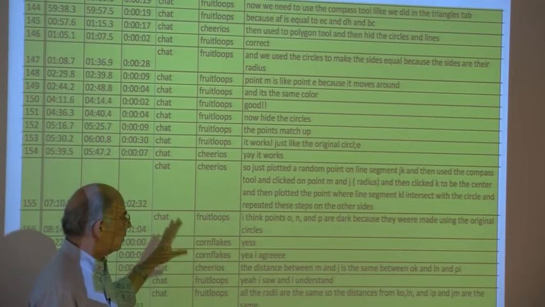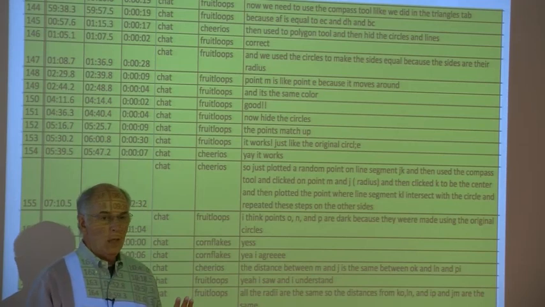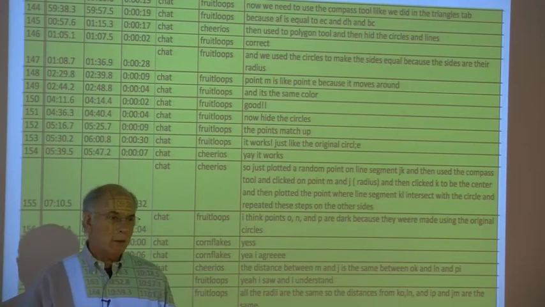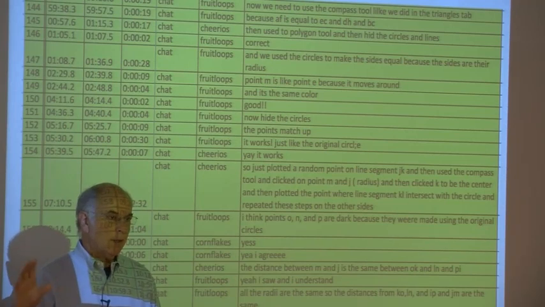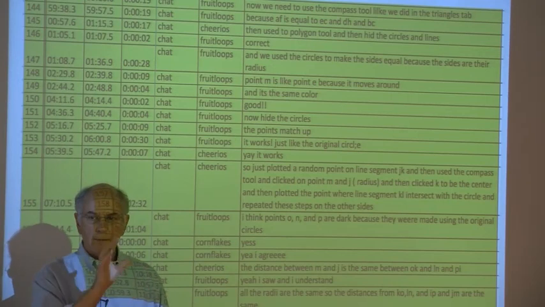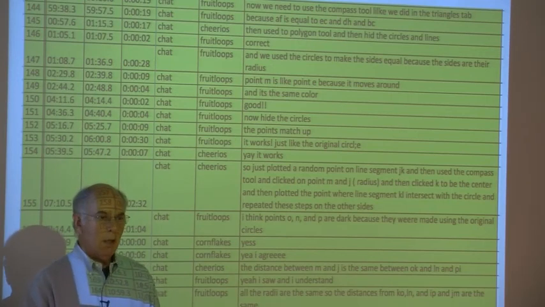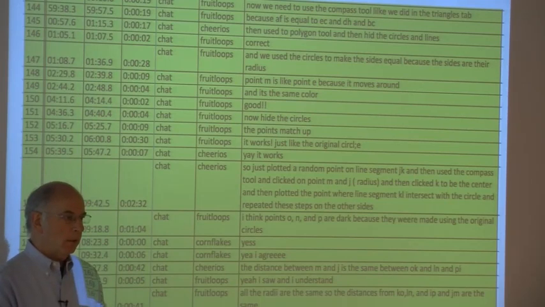And to me, this is pretty strong evidence that all three of them have understood what they learned with the triangle, namely the technique of using the compass tool to maintain the dependencies between the different line segments, and use that as a basis for inscribing one polygon inside of another.